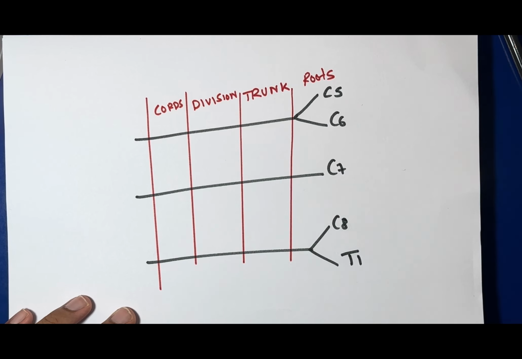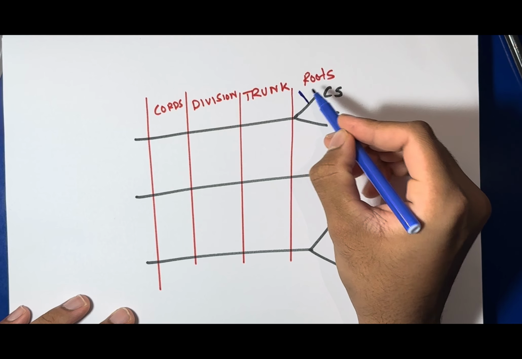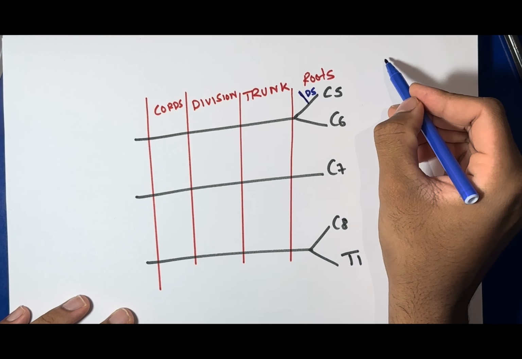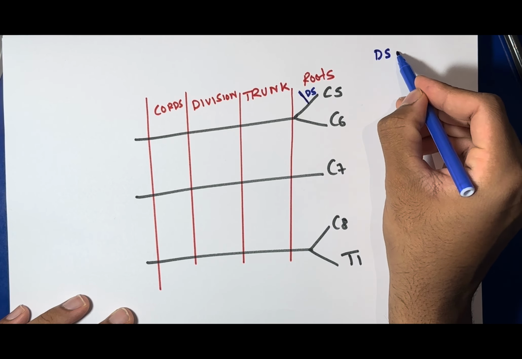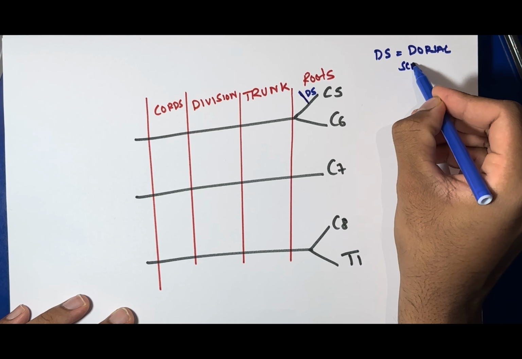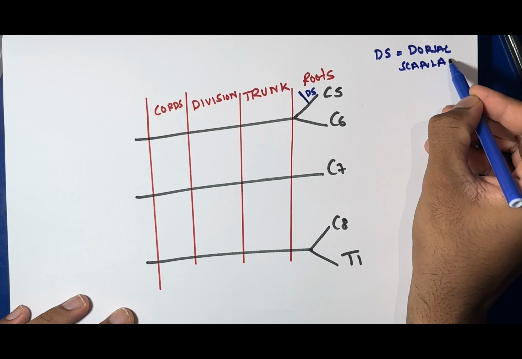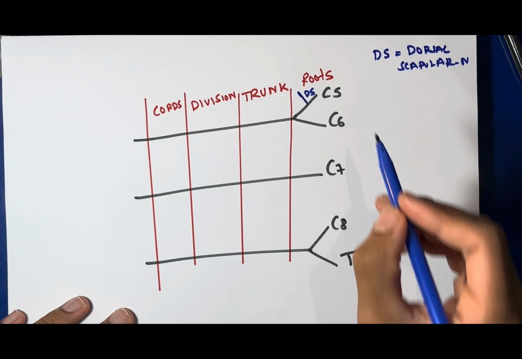Now we'll see the branches coming from the roots. Just the line extending from this. This is DS. What is DS? Dorsal scapular nerve.